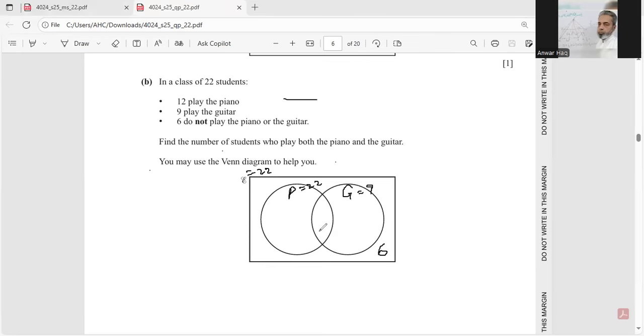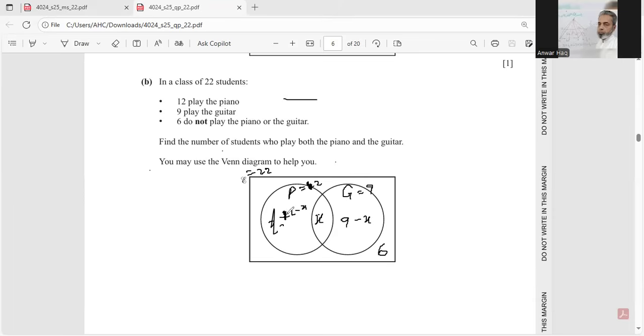Now find the number of students who play both. So play both is x. This part will be 12 minus x, and this part will be 9 minus x. Sum of all these is equal to 22.